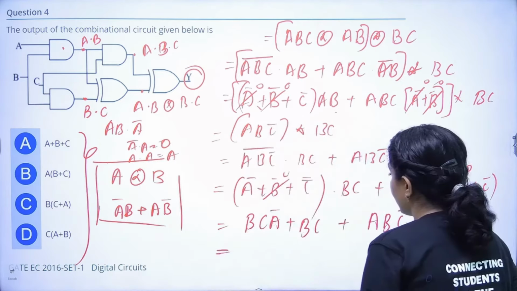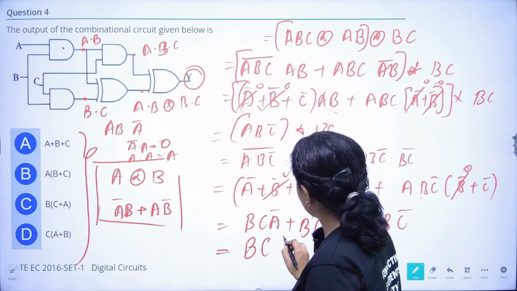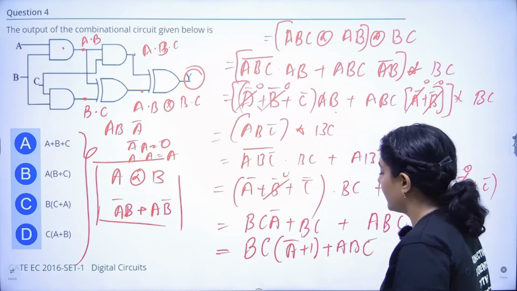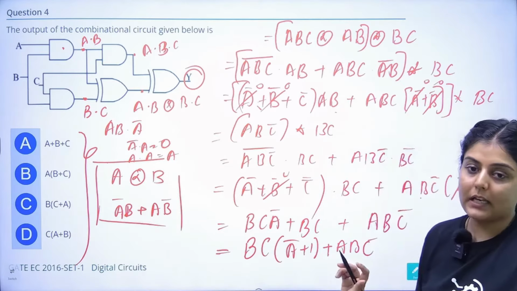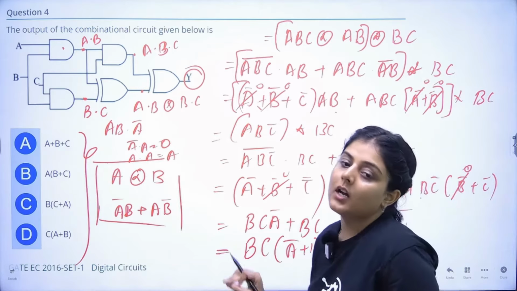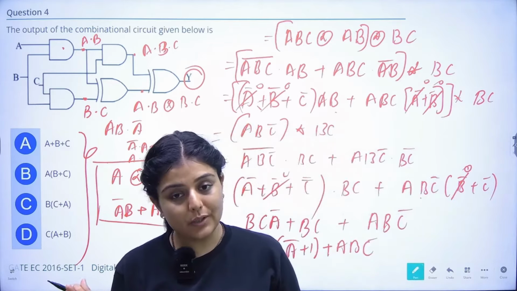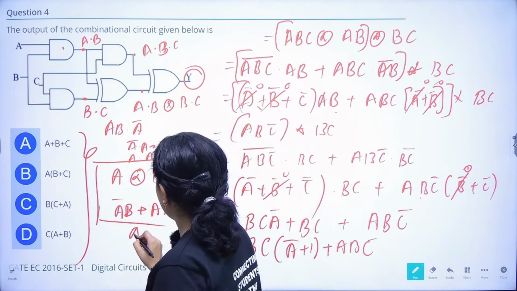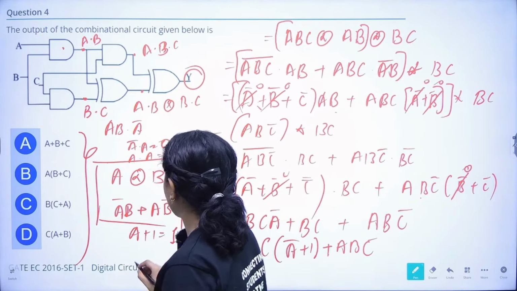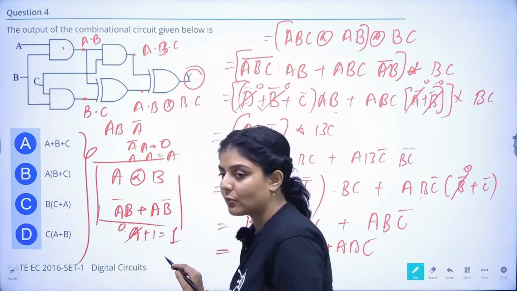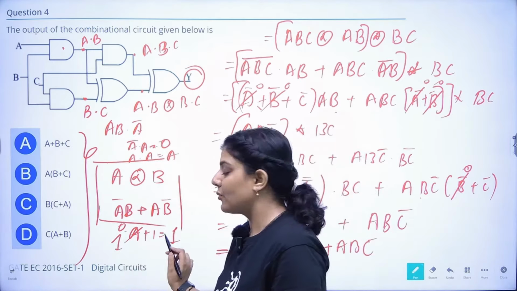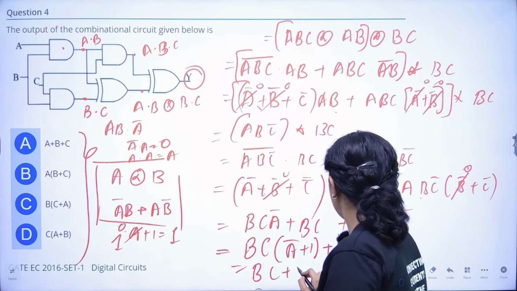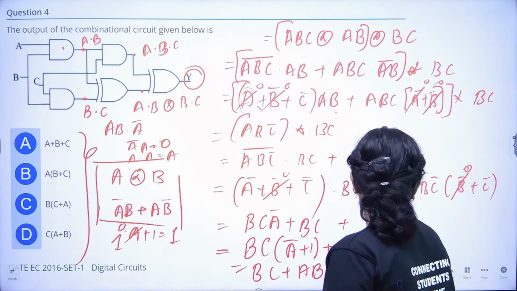Now taking BC as common, it will be A bar plus 1 plus ABC bar. Now something plus 1 equals 1. If we take OR of any Boolean expression with 1, that will result in 1 only. How can we see this? Suppose A plus 1: if A is 0, then 0 plus 1 is 1, and if A is 1, then 1 or 1 is also 1. So this will be BC plus ABC bar.